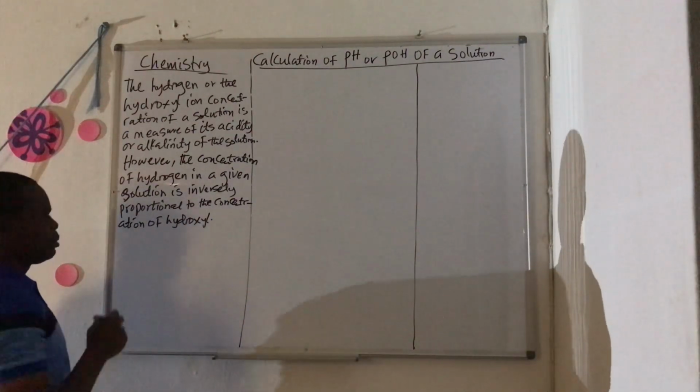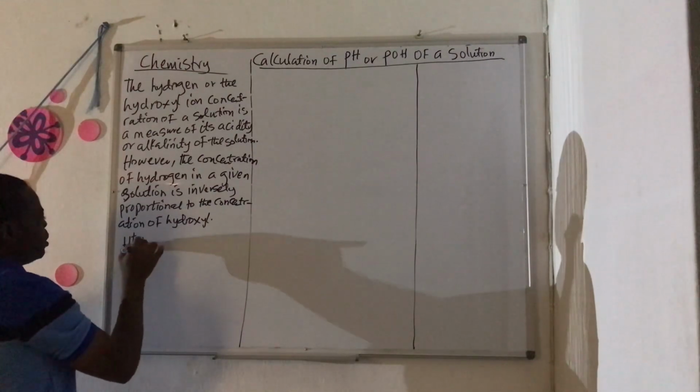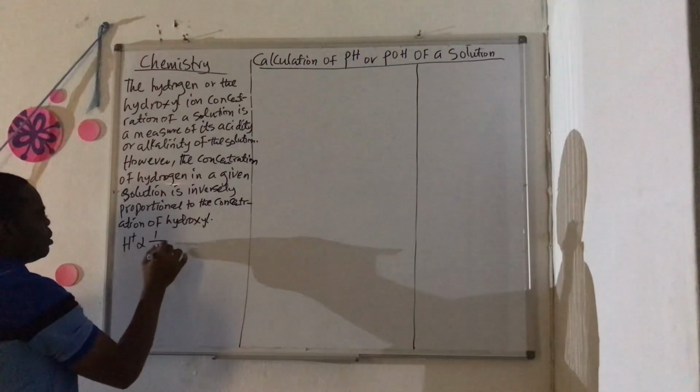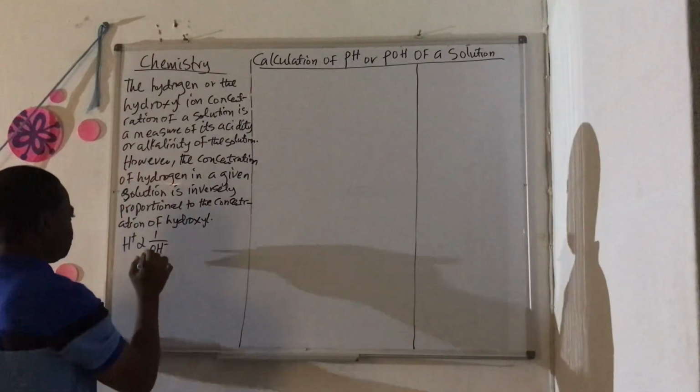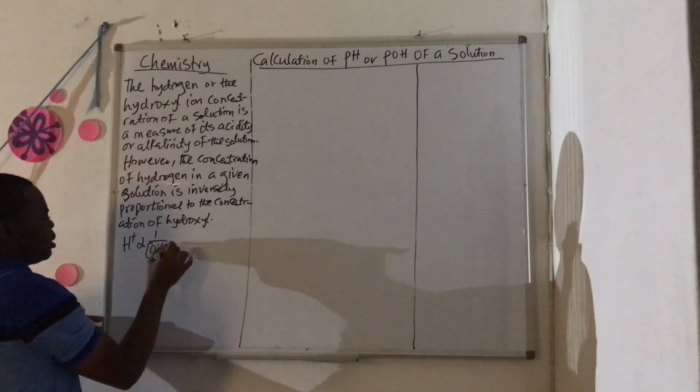This means that the hydrogen ion is inversely proportional to the hydroxide ion.